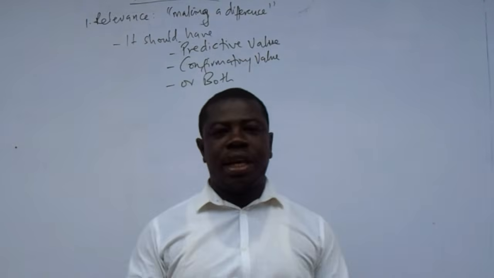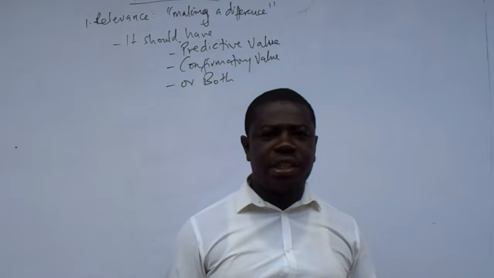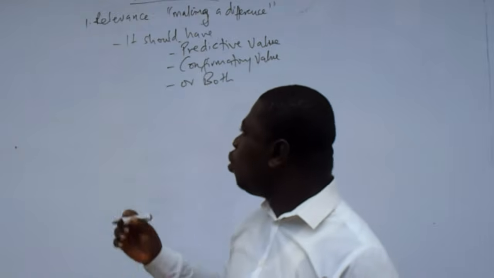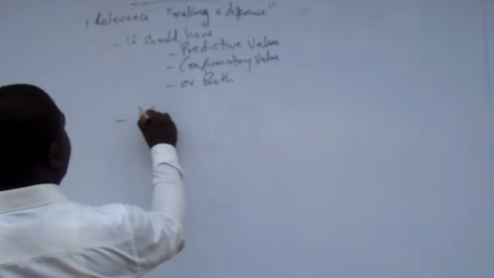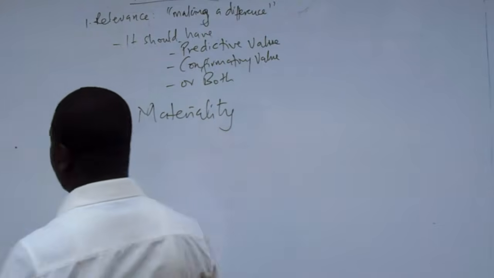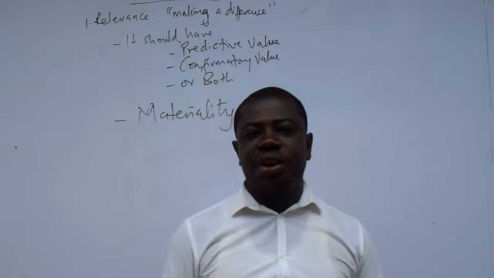All right. Then lastly, I want to talk about the fact that relevance of financial information is affected by materiality. And so we cannot talk about relevance without talking about materiality. What is materiality?